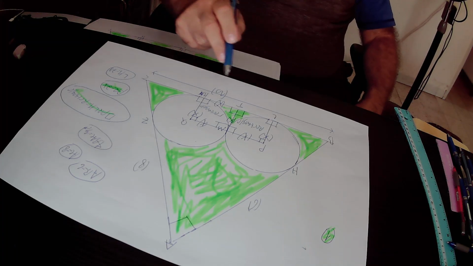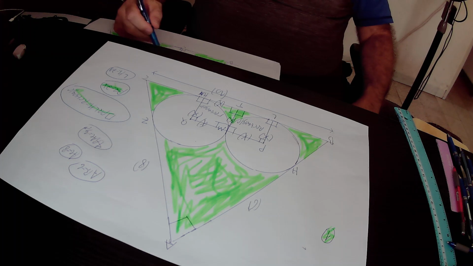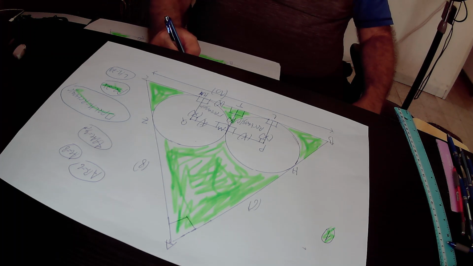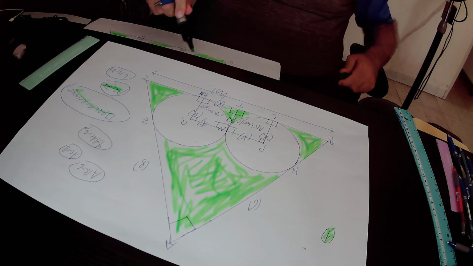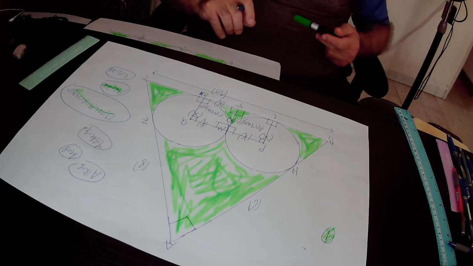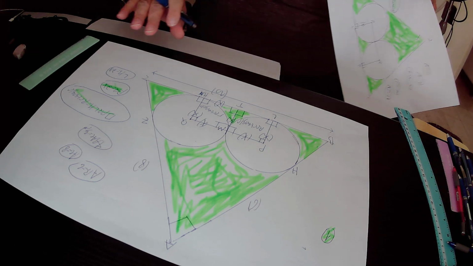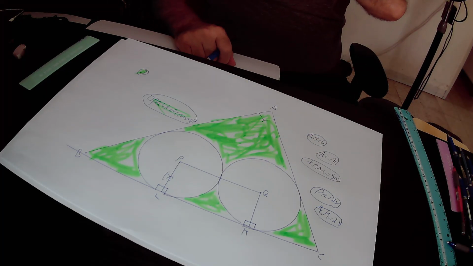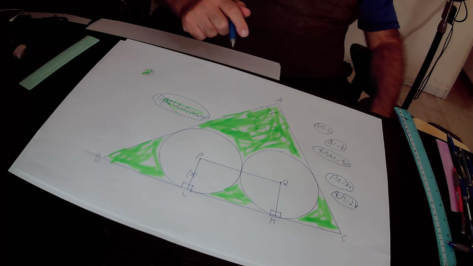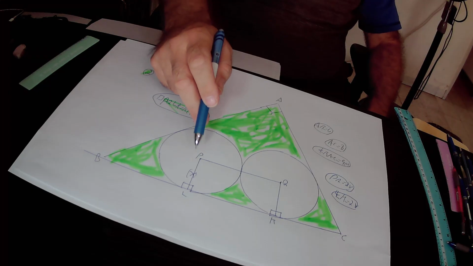And PQLK is a rectangle. So actually, this is rectangle PQLK from the original drawing. PQ equals 2x, LK also equals 2x.